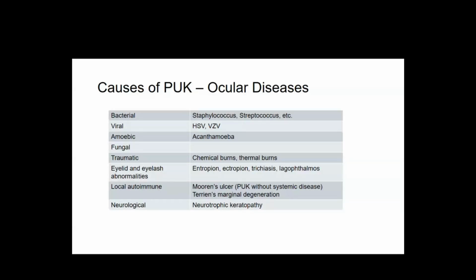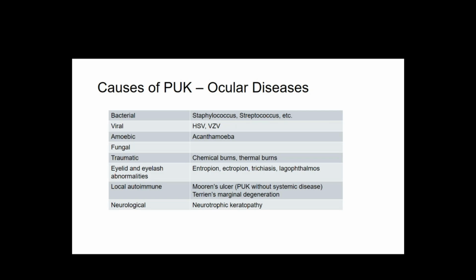And eyelid disease leading to peripheral irritation, like trichiasis, ectropion, entropion, and lagophthalmos, in cases when the eye doesn't close properly, may lead to thinning and corneal melting in the lower part.